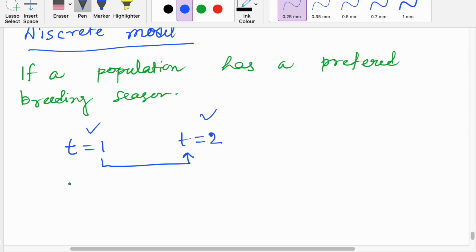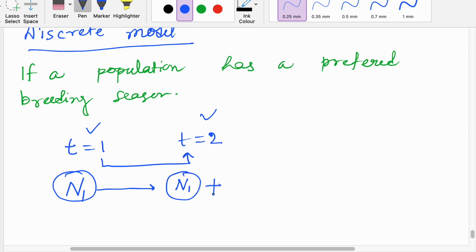That means the number of individuals born, the first generation individuals, will remain the same, and these n1 individuals give birth to other individuals, so up to that point this will remain the same.